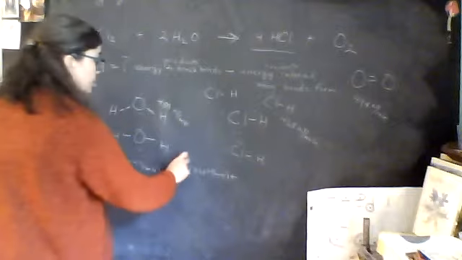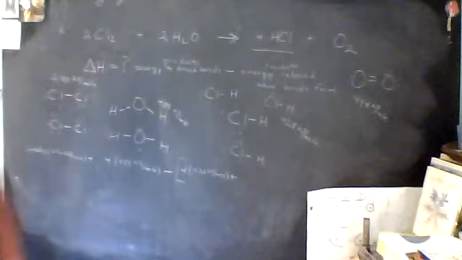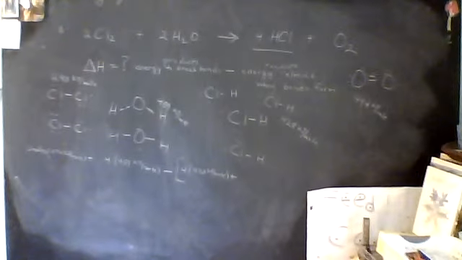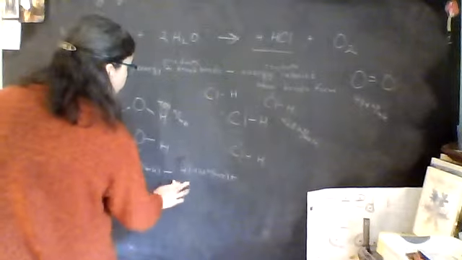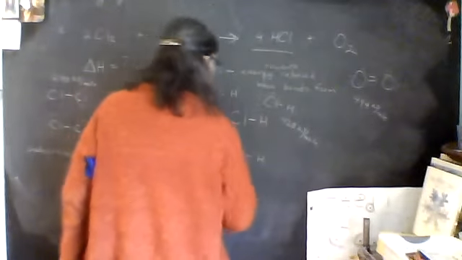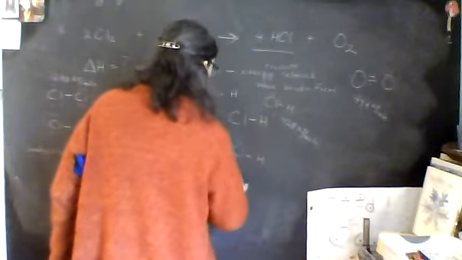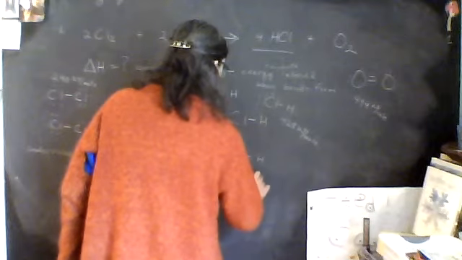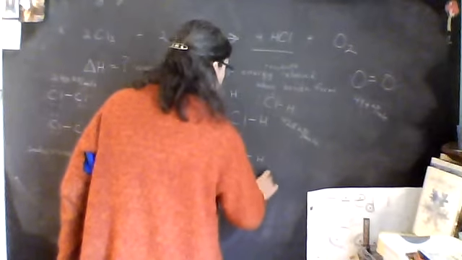Well, we could if we wanted to make it more complicated, but since we don't, we'll just subtract. And then we subtract 1 times 494 kilojoules.